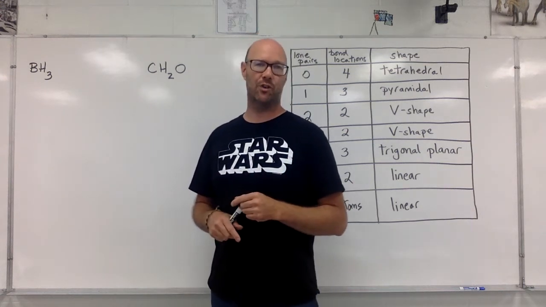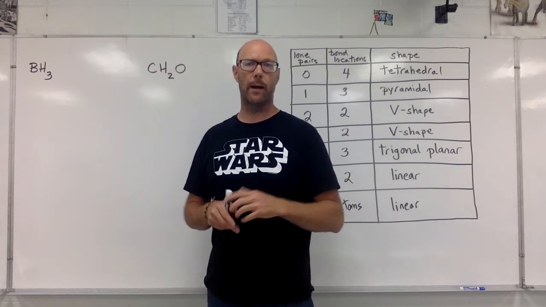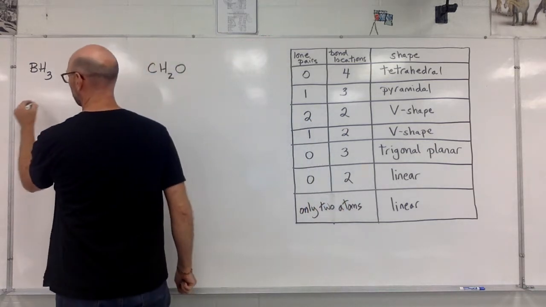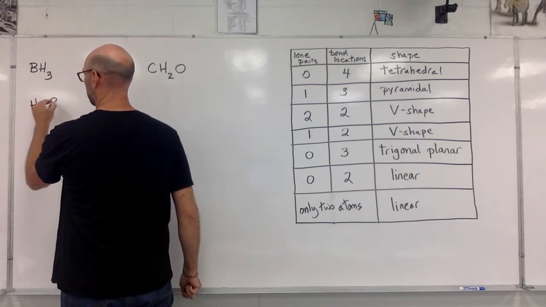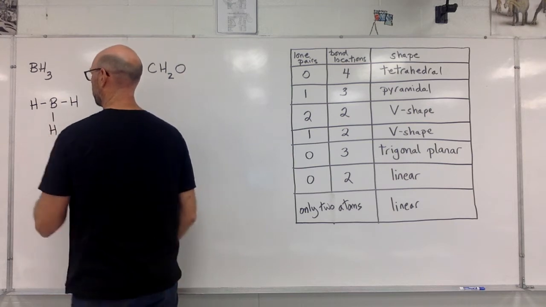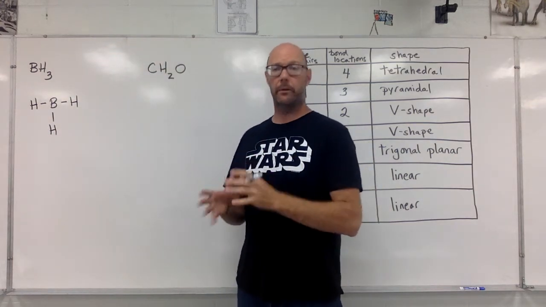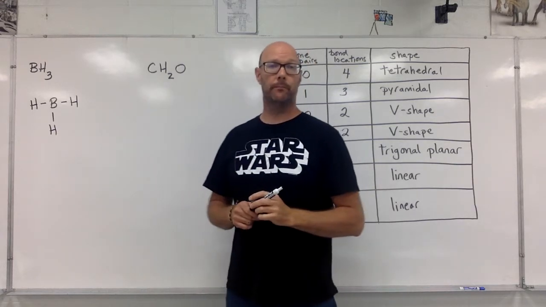Boron trihydride, BH3. Let's start off with the Lewis diagram. Looks something like that. Now I need to find the central atom. The boron is in the middle.